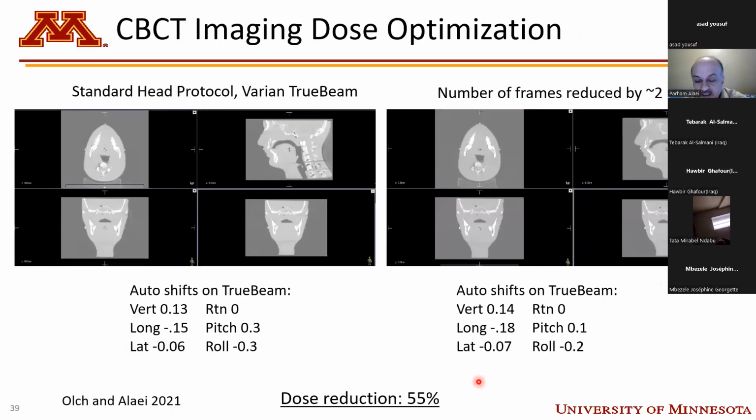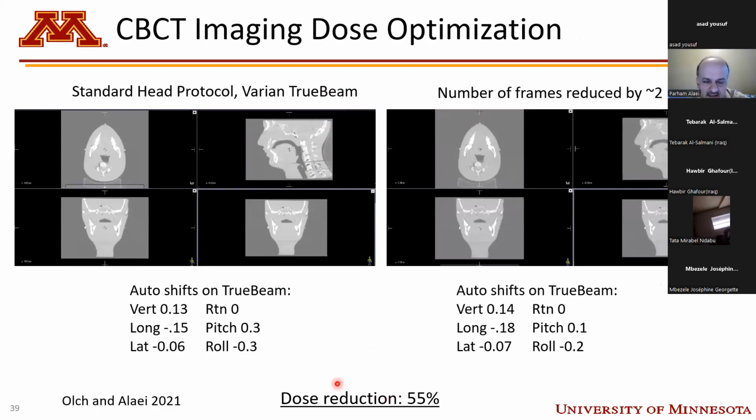This is the work we did on a Rando phantom. It's a phantom study. We imaged the Rando phantom, the head and neck region, with a standard head protocol on a Varian TrueBeam. Then we kept changing the different settings: number of frames, the mAs, kVp, and all that.